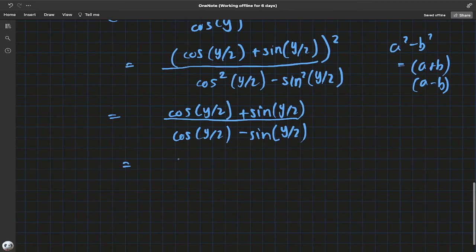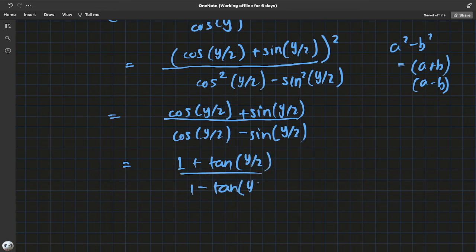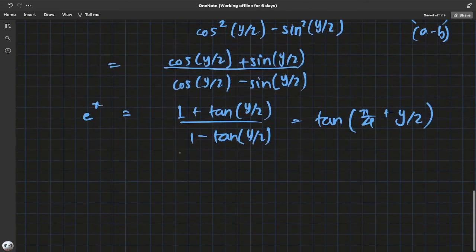Now dividing by cos on both sides, we have 1 plus tangent over 1 minus tangent, and you can use an identity. This is tangent of pi over 4 plus y over 2. That's e to the x. So you can do an inverse tangent on both sides.